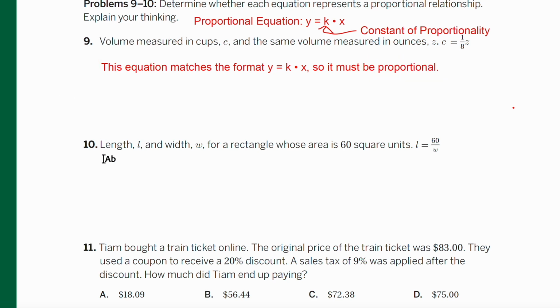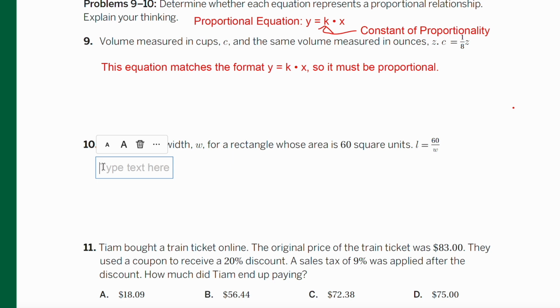If we look at number 10, it says the length L and width W for a rectangle whose area is 60 square units. And the equation is L equals 60 divided by W. So in this case, since the format of the equation does not match a proportional equation's format, it needs to be y equals k times x.